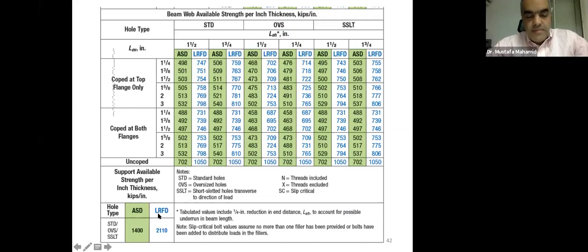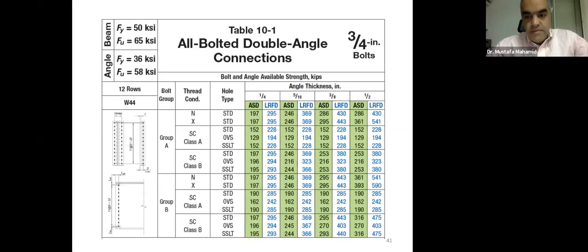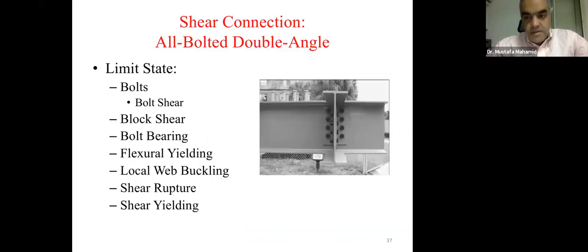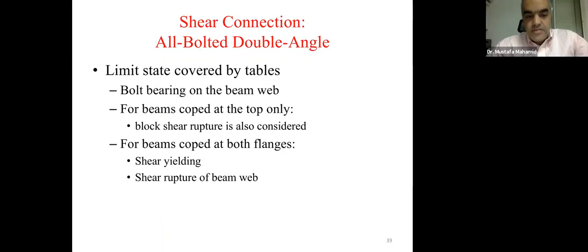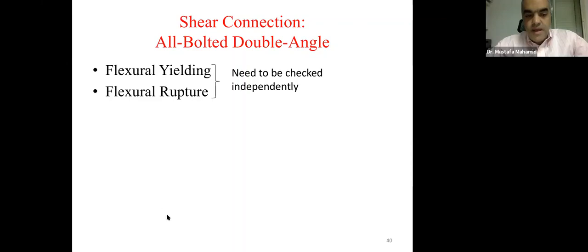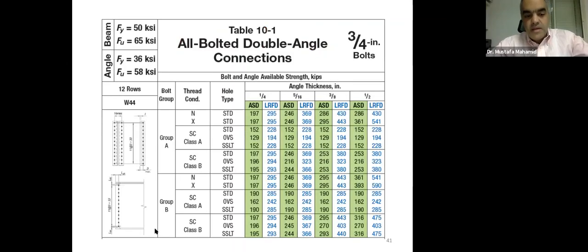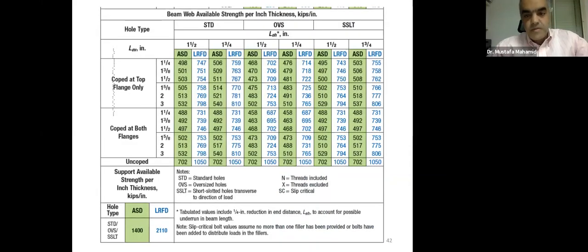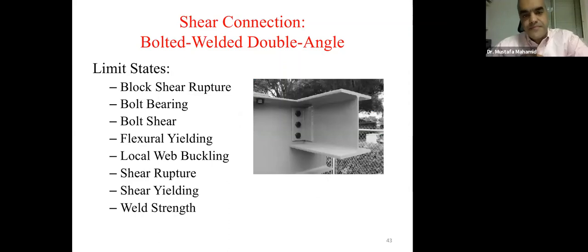So we have a beam supported by another beam. If we go back, for example, here, we have a beam supported by another beam. So we check also the support strength, because we connect to it, and that's in kip per inch here. So you multiply this value by the web thickness of the support to get the capacity. Yeah. So many things are covered in this table.